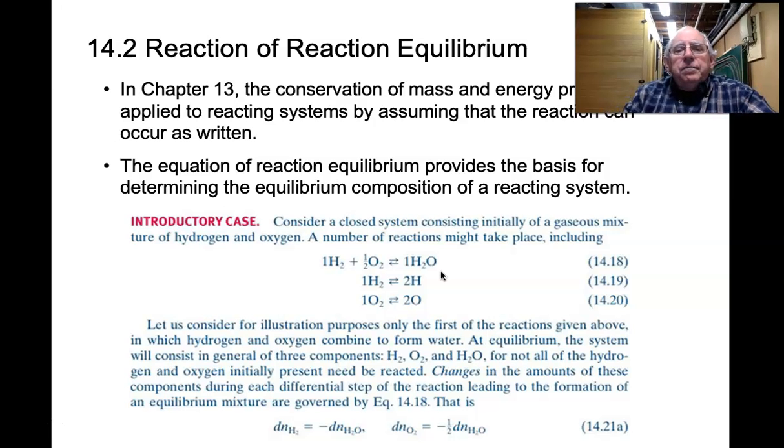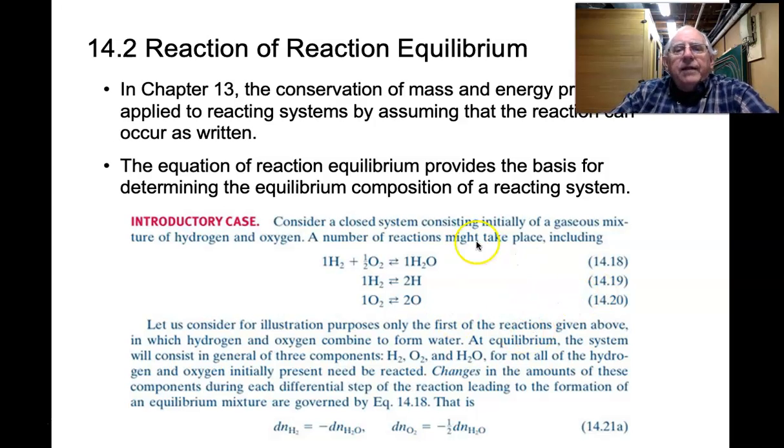Anytime we have products that have hydrogen and oxygen associated with them, there is a chance that we could have hydrogen, diatomic oxygen, as well as monatomic hydrogen and oxygen also show up.